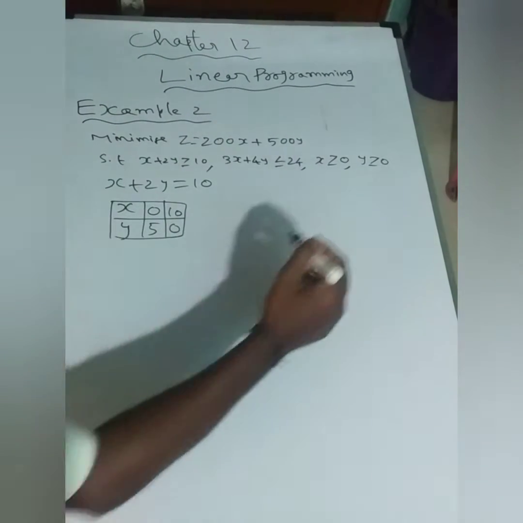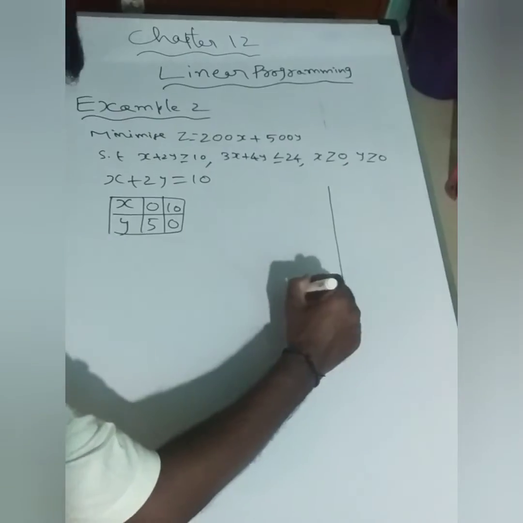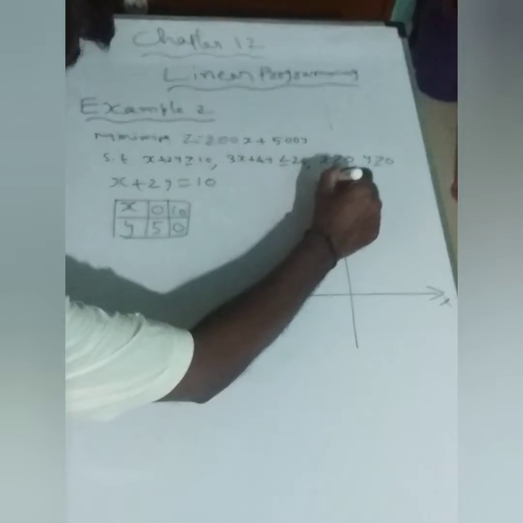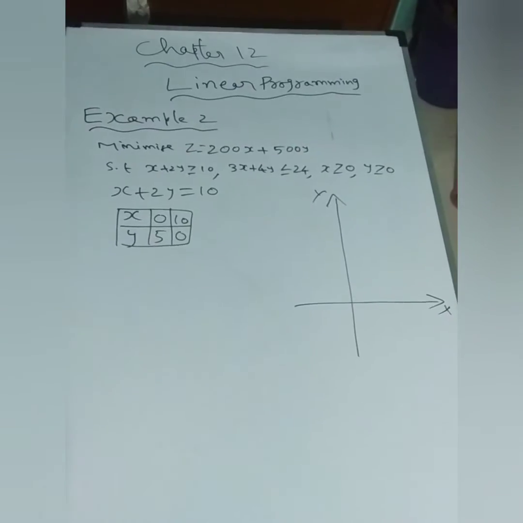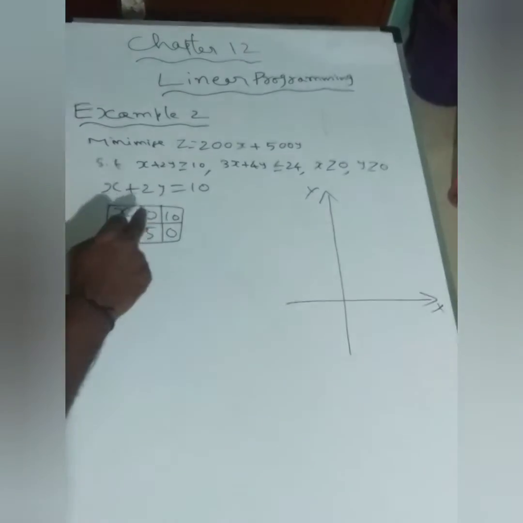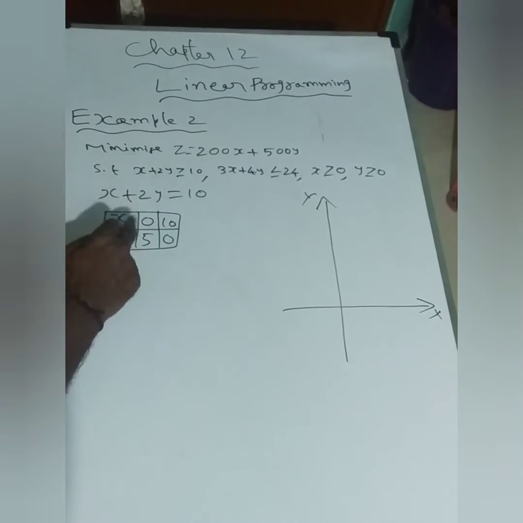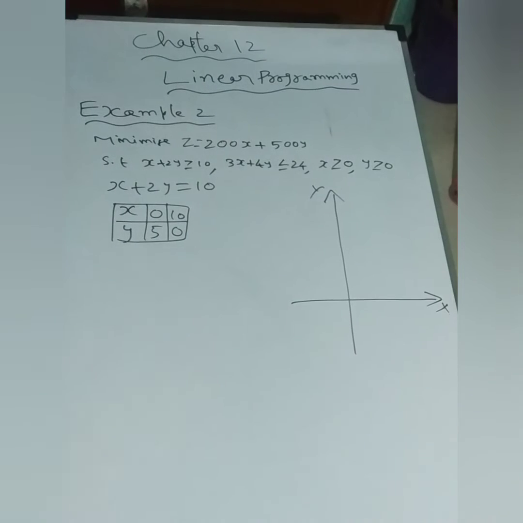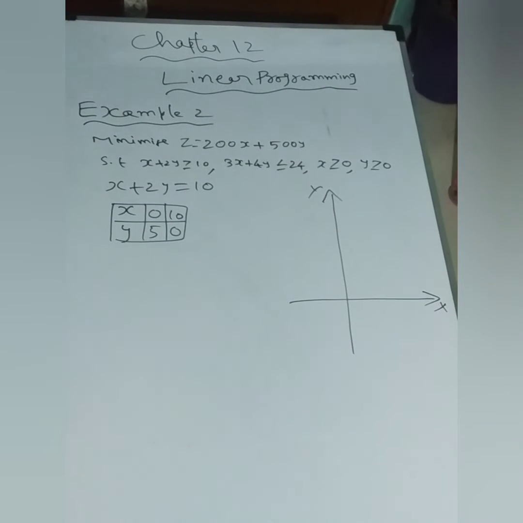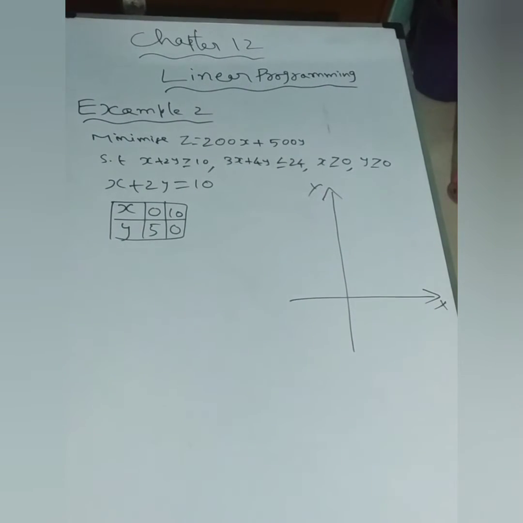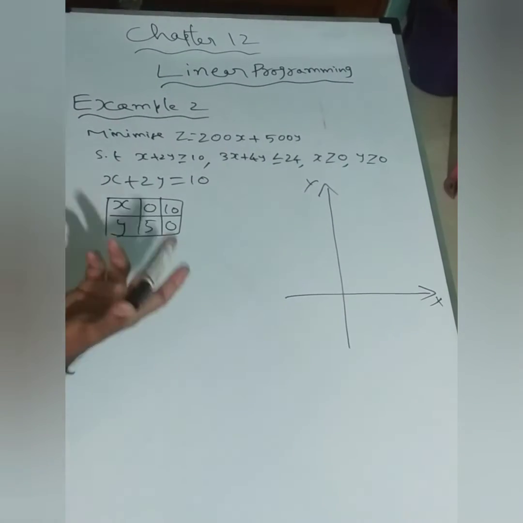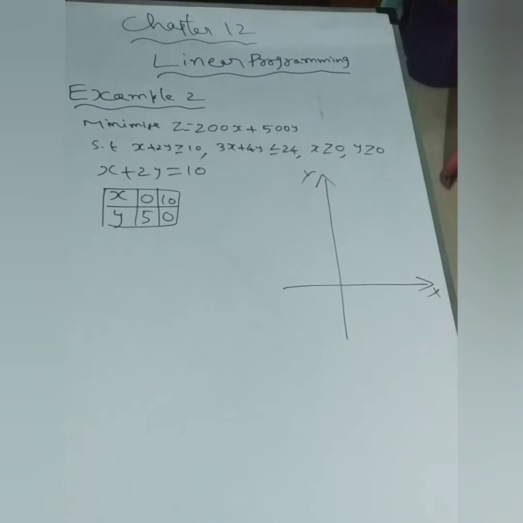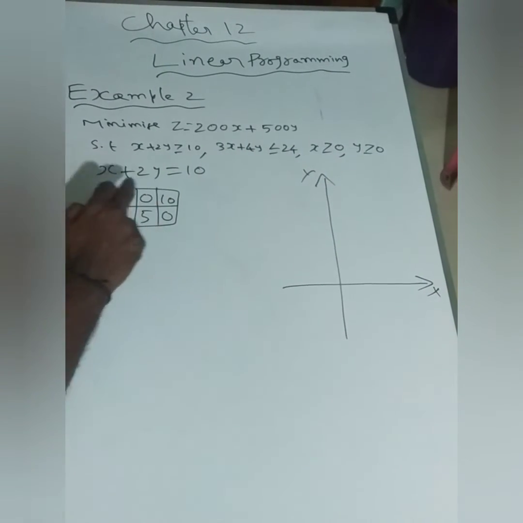Now I have to take graphical coordinates, the x-axis and y-axis, according to the points we have got in the table. In the lower classes you must have drawn the scale; if you want you can draw that, otherwise you can imagine. Let us take x as 0, 10 and y as 5, 0.